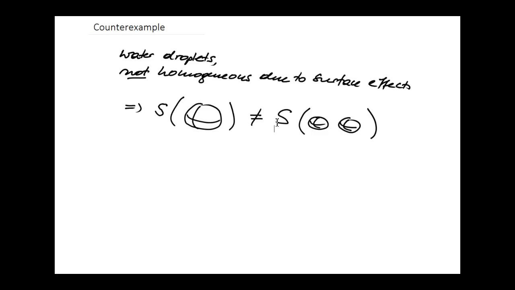So you could split the big droplet into two small droplets without a change in total entropy. So each of the two water droplets should then have half the total entropy, half the particle number, and half the volume of the original big water droplet.